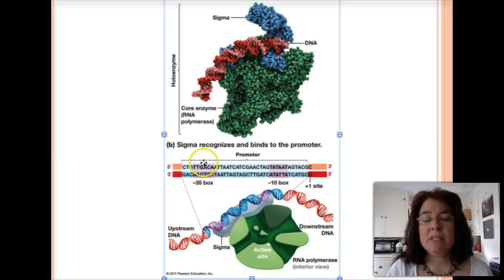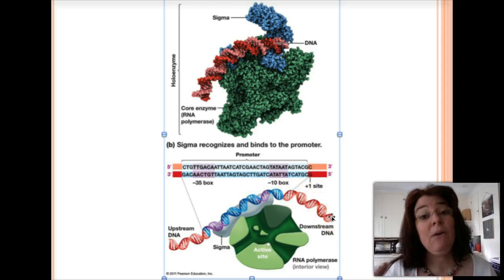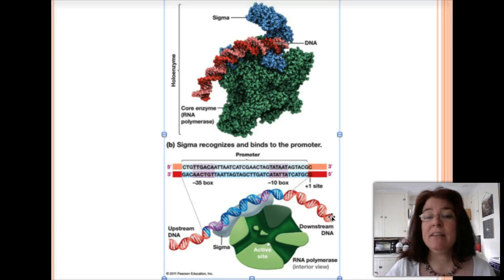So sigma comes in and binds to these regions of the promoter and guides the core in so that it too can come in and be in place and prepared to start transcribing the downstream DNA, the DNA off to the right of the promoter.